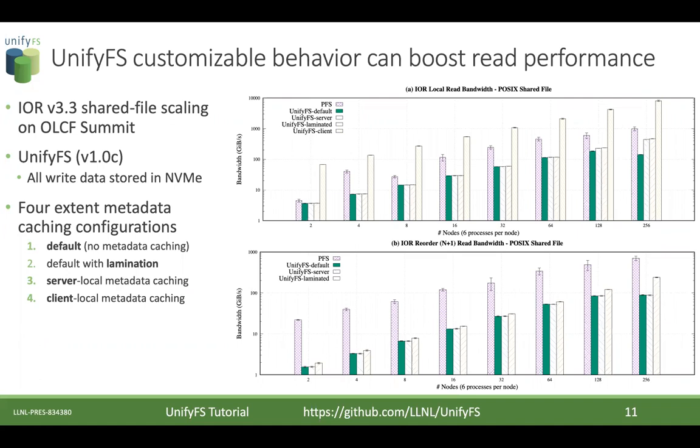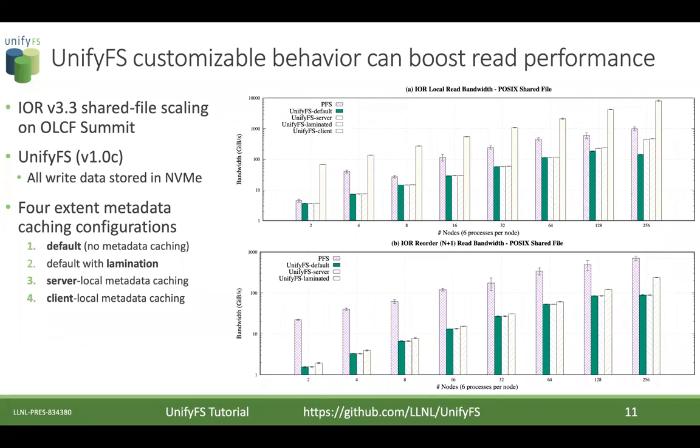The second is, figure A here is reading back data that was written locally. So all the data should be stored on the local storage device, and that means that the local server knows about it. So in this case, server caching and laminated behavior is basically identical. And it improves performance versus our default, which has to go and talk to this centralized owner of the metadata.